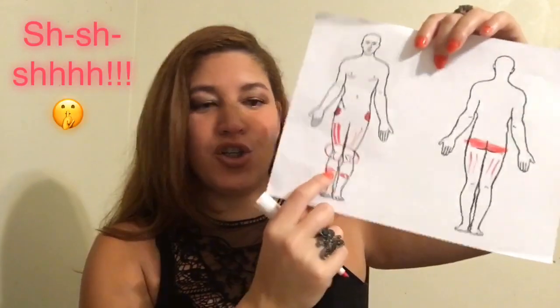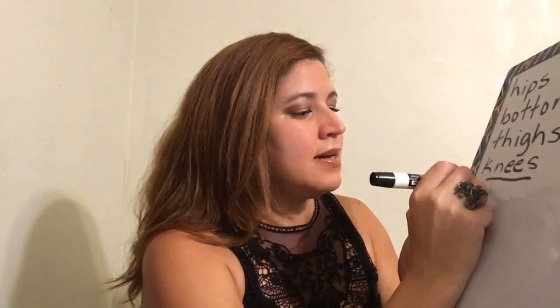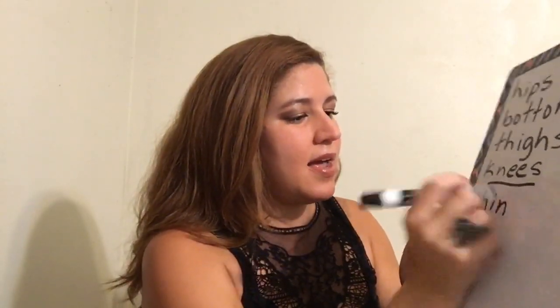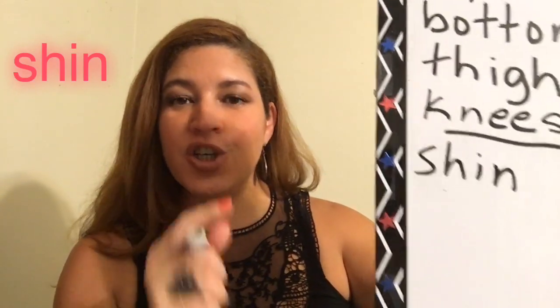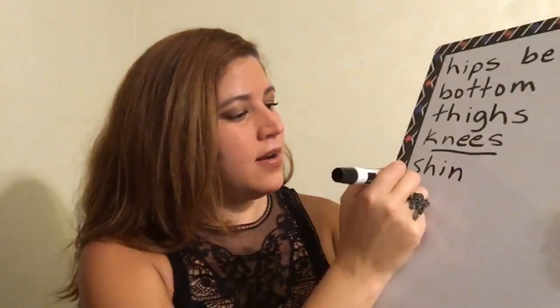This one is chin. This one is shin, right? So we spell it this way: S-H-I-N. So it's not the chin, but the shin, okay? Yeah, so it's this part right here.